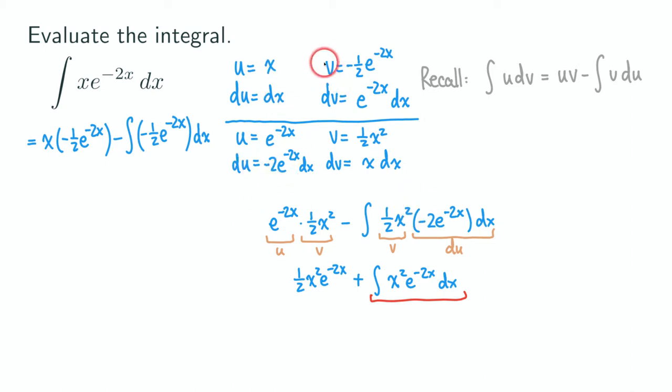So we actually need to go back to the original choice. Yeah, so we actually cannot do it this way. That means if you see a product of the x here and then e to the -2x here, you have to set u to be x, and then you have to set dv to be the exponential function.